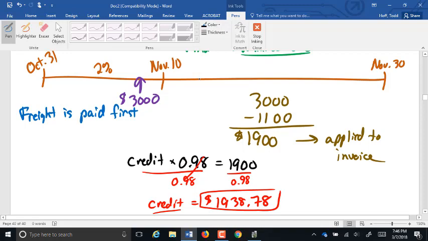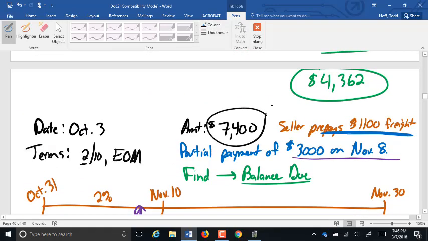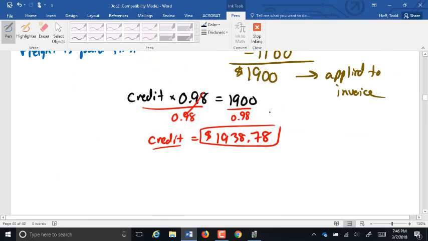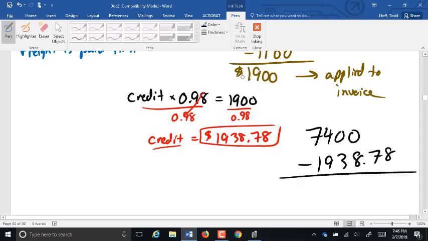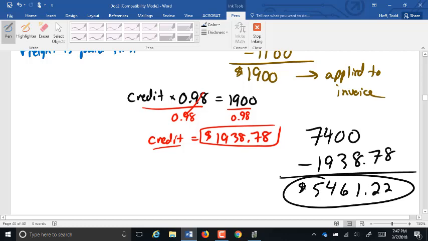So for the outstanding balance, we take the $7,400, which is the amount of the invoice, and we subtract the $1,938.78. $5,461.22 is the balance due by the end of the credit period. What do you think? Loads of fun? It's pretty easy. The partial payments do get a little tricky, I admit to that.